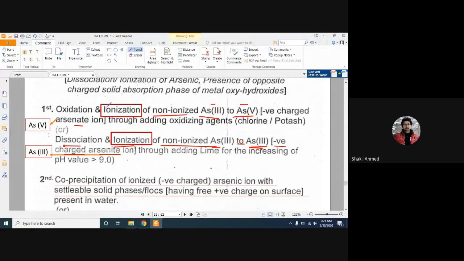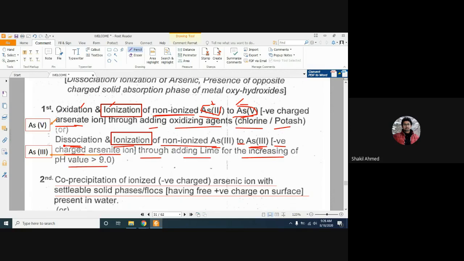Or oxidation and ionization of non-ionized arsenite to ionized arsenate form, or from 3 to 5, through adding an oxidizing agent like chlorine or potash. And dissociation or ionization of non-ionized arsenic to this form through adding lime or increasing the pH value to greater than 9.0.